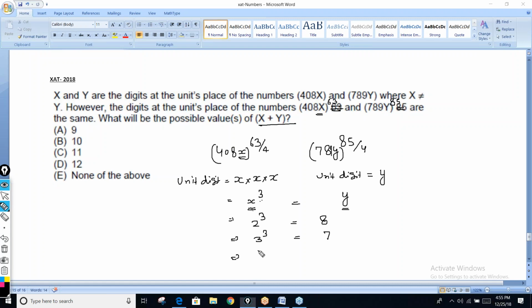I cannot take 5 because 5 cube again will be 5. Unit digit we are talking about. 6 cube will end with 6. And 7 cube I can take, 7 cube will end with 3. And 8 cube will end with 2. The unit digits are these many.